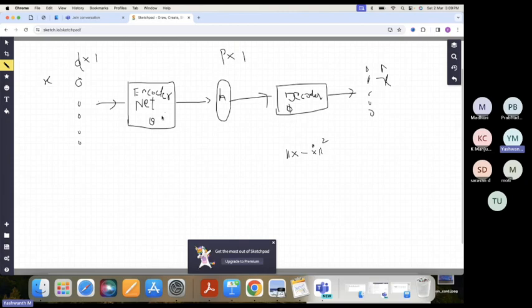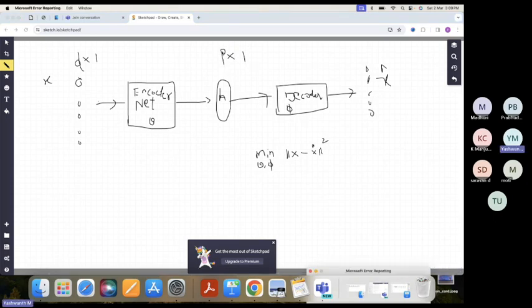I mean, this represents some neural network weights, and you minimize this loss with respect to theta and phi. Yeah, this is the general autoencoder.